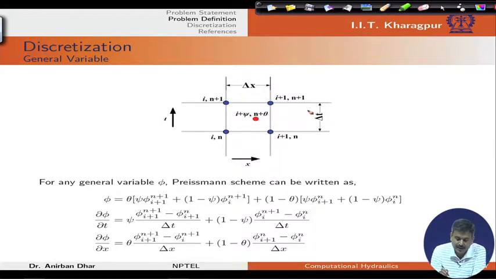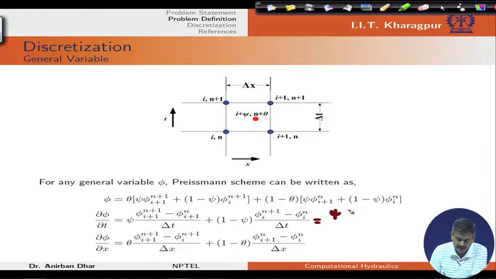So, i plus psi n plus theta. In this case, again we can use our concept, and what is that? This is again the combination. What is that combination?